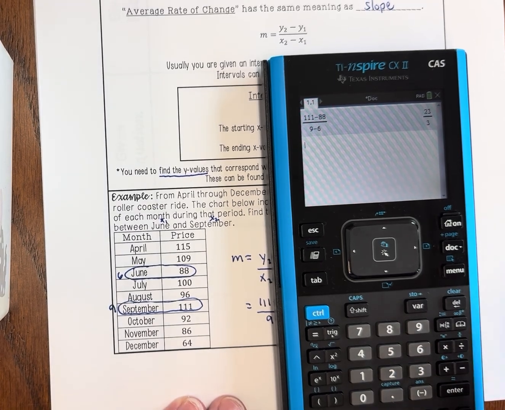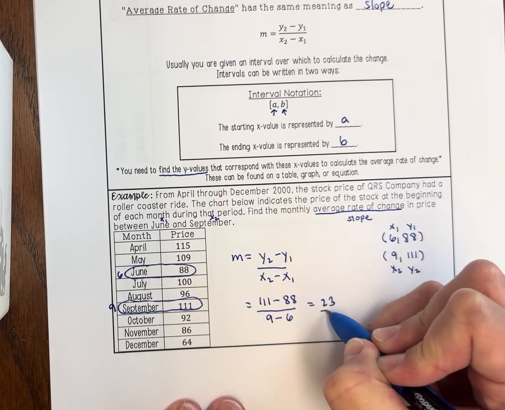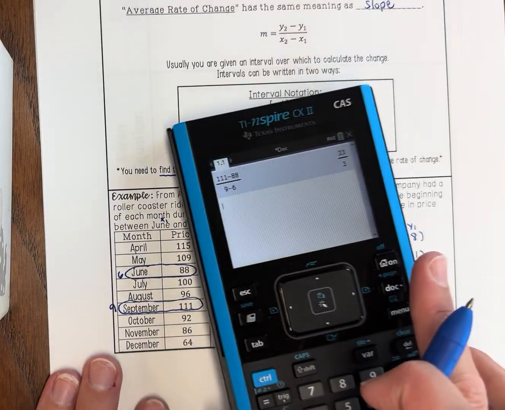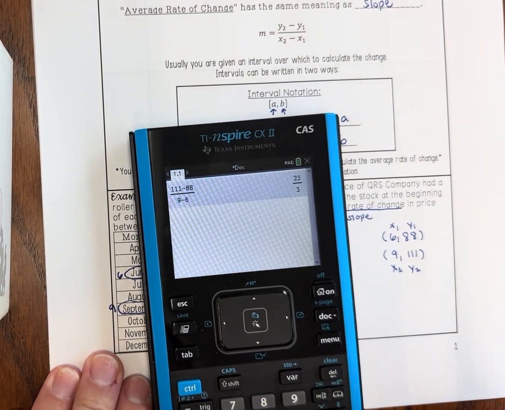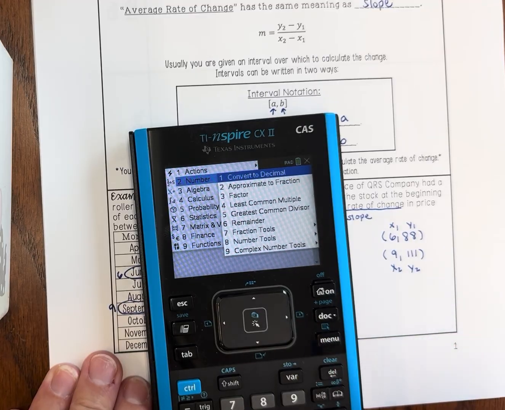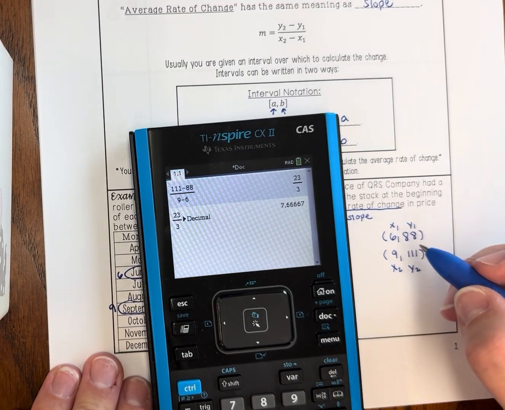So 23 over 3. Now you can leave your slope as a fraction, like 23 over 3, or you can click menu, number, and option 1 will convert that to a decimal for you. So it's like 7.6 repeating.